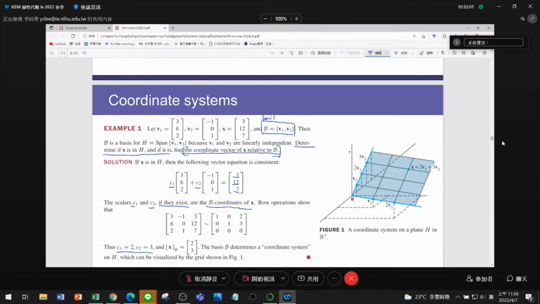We use the notation of a bracket containing x with a subscript B to denote the B-coordinates of x, and it equals the vector 2, 3. And the basis B determines the coordinate system of the subspace H, which can be visualized in this way.